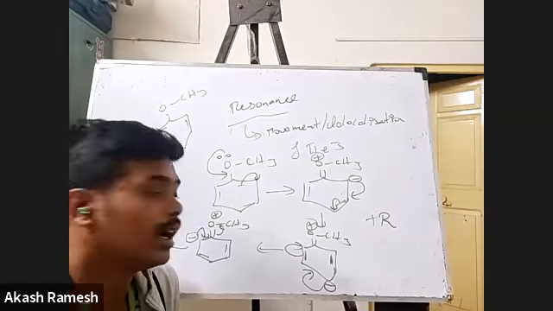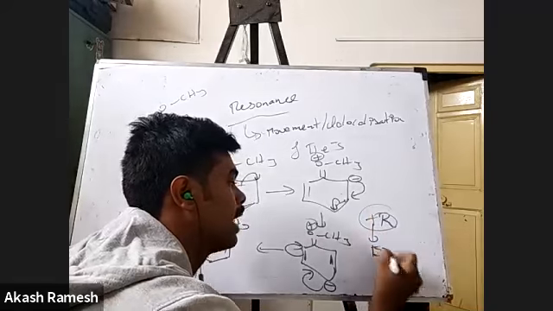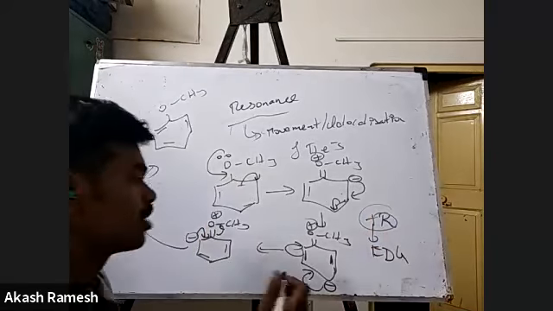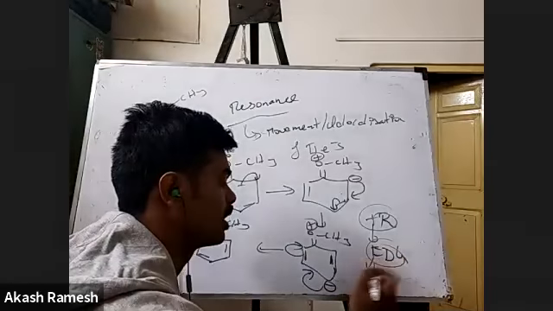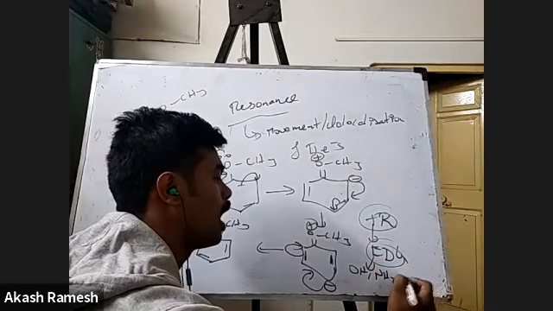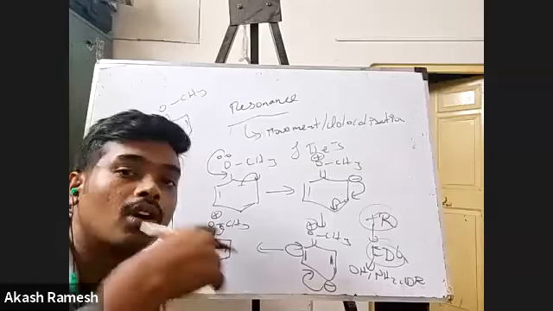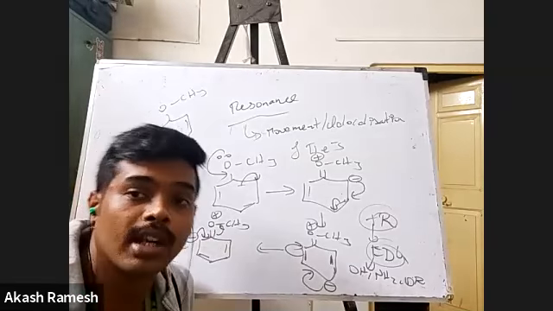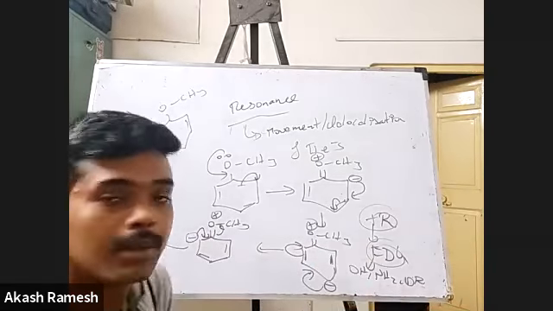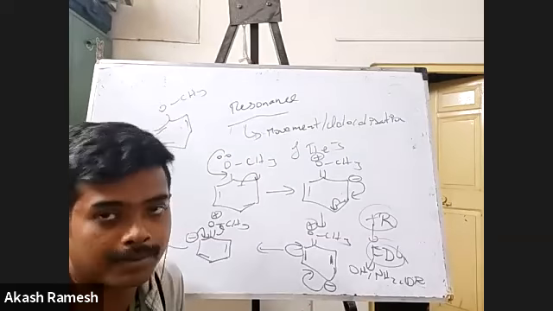Now remember, the plus R effect will be given by electron donating groups like OH. What can be examples of electron donating groups? Say, for example, I can have OH, NH2, OR, where R is an alkyl group. In this case, it's OCH3. So all these are my electron donating groups, and they will definitely give me a plus R effect, in the sense that they will increase the electron density on the carbon.